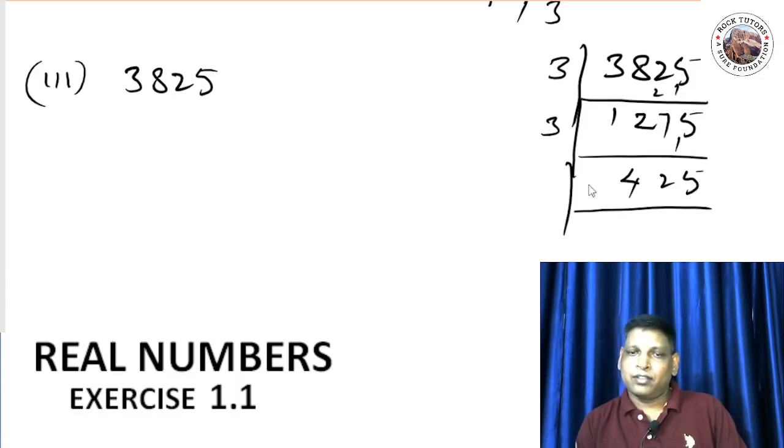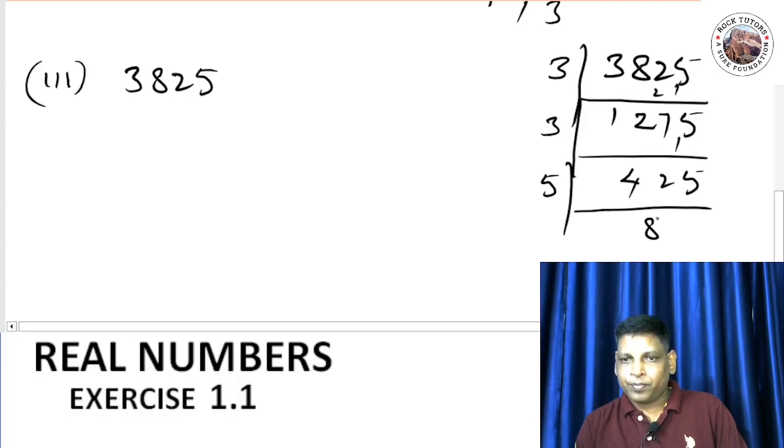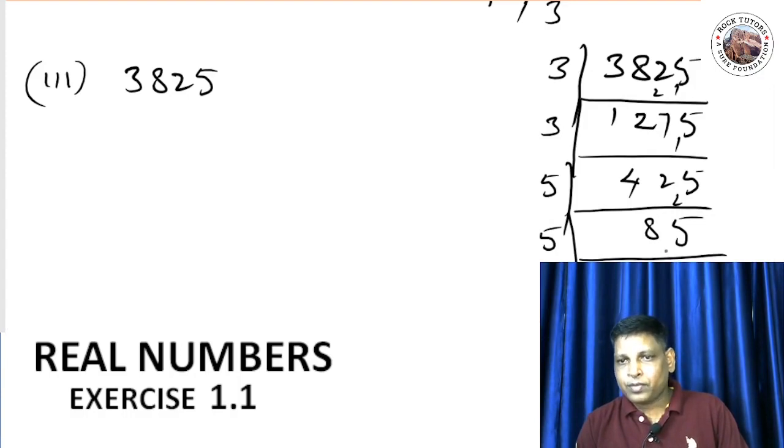So 5 is there. That will go by 5 table. 5 eights are 40. 2 will be left here. 25, 5 fives are 25. Once again here 5 is there, so 5 table. 5 ones are 5. 2, 3, 3 will be left. So 8 minus 5 is 3, 35. 5 sevens are 35.